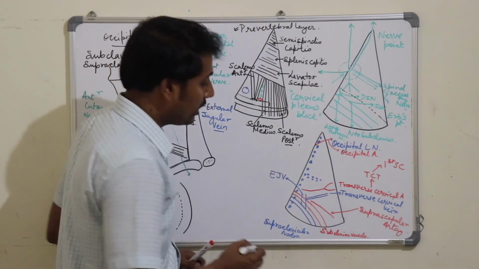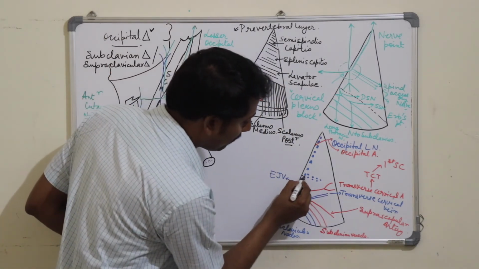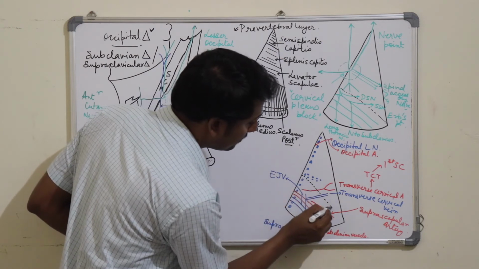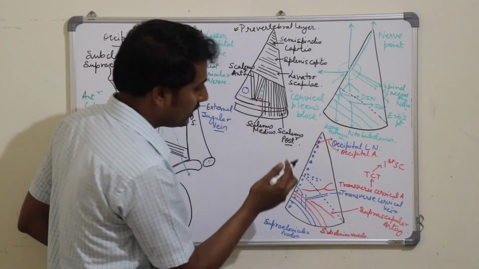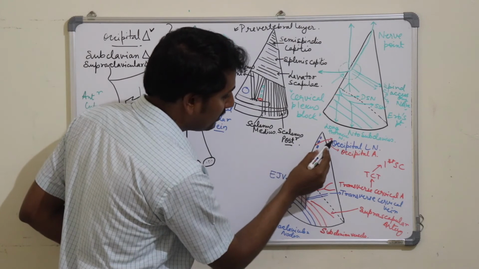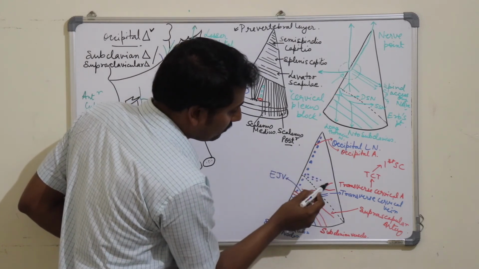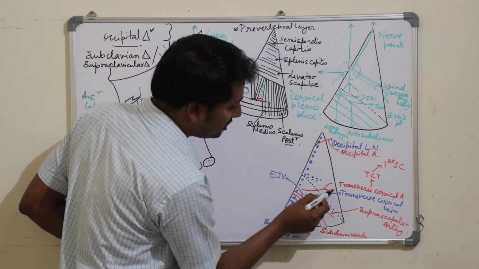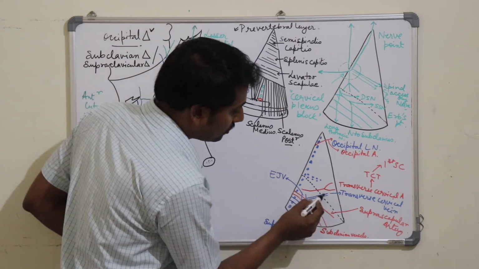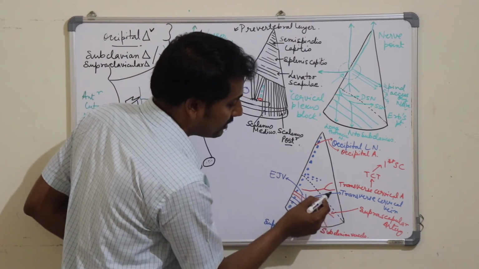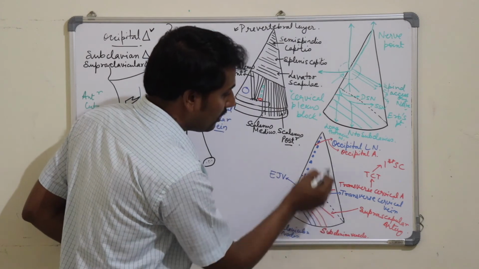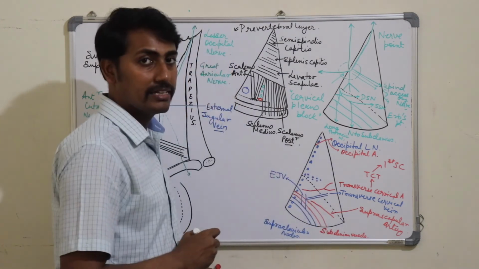So now, if you draw the inferior belly of the omohyoid here, we can see that the occipital artery, the branches of the transverse cervical, that is the superficial and the deep branch, also the transverse cervical vein, are present in the occipital triangle.